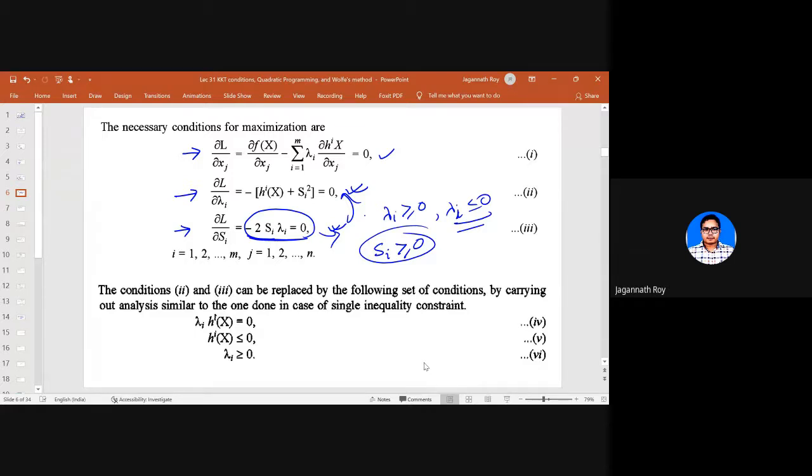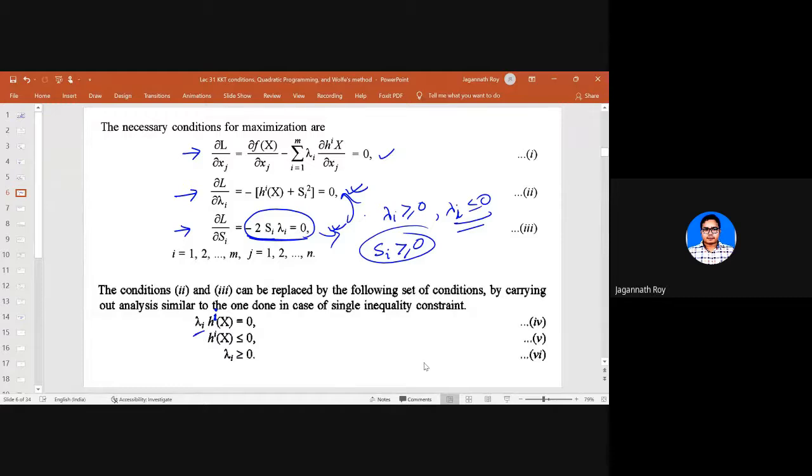So equations 2 and 3 will be reduced to these equations: lambda i equals 0, and then lambda i into h i.